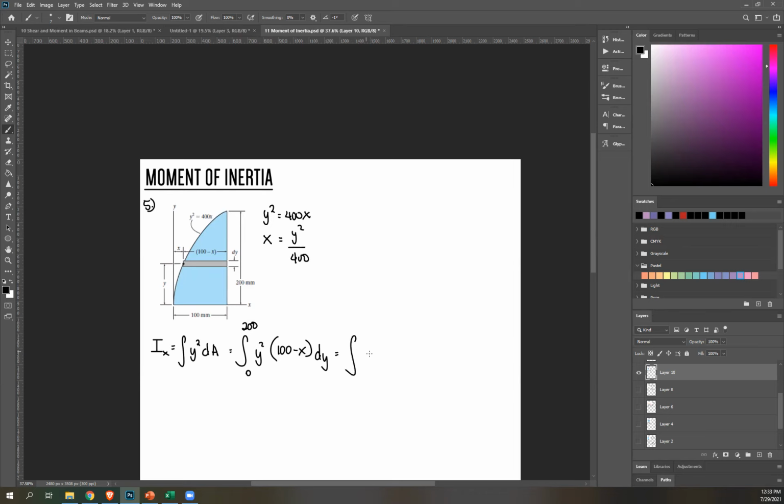So let's rewrite this again: integral of y squared times 100 minus y squared over 400 times dy from 0 to 200. Now again, our subject is not integral calculus, it's mechanics. So that means we can just use our calculator to solve for the value of this. So please solve. What's the answer?